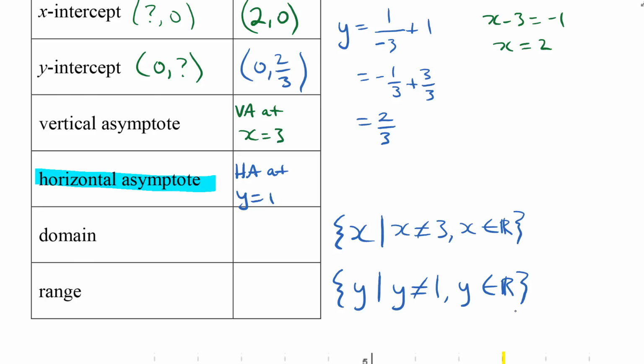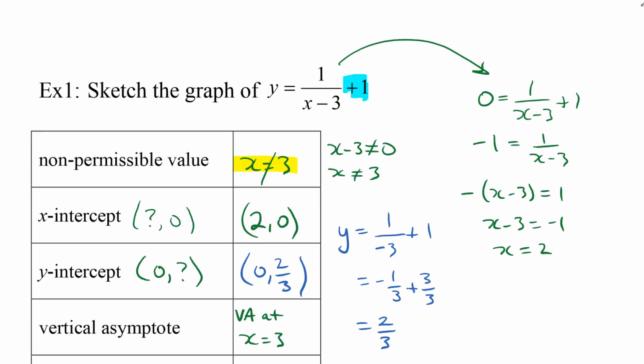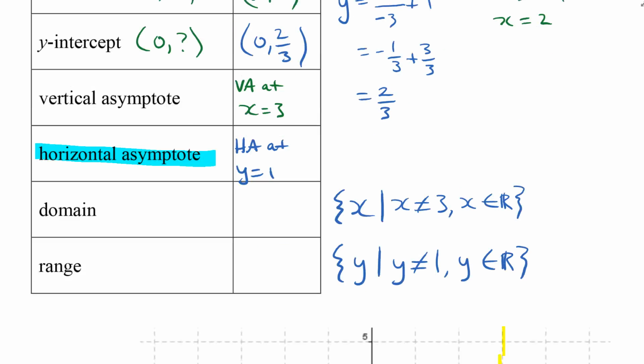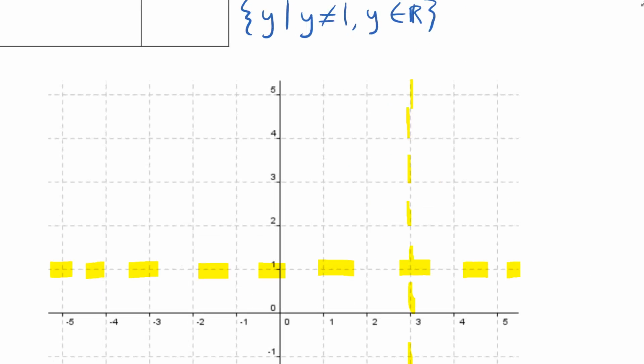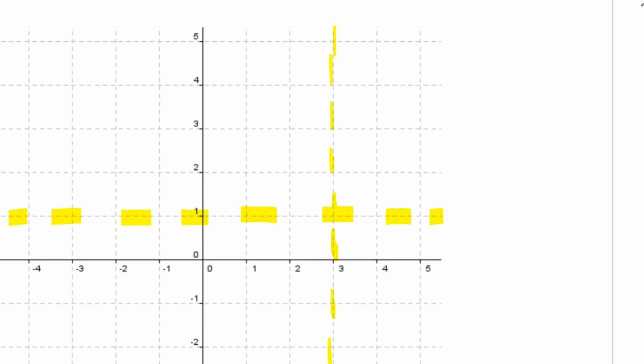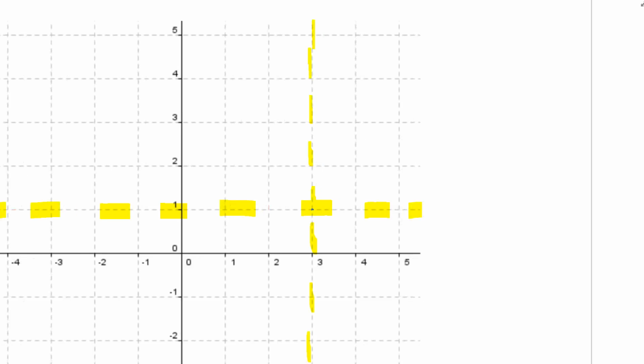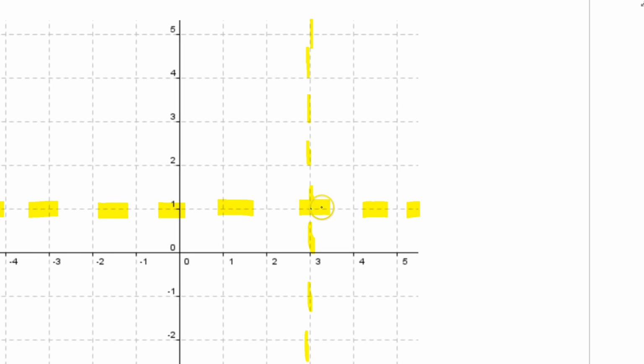Alright, so we're almost ready to do our graphing. You remember that this value is 1, so a quick way to think about our graphing is to think of this as your origin, and we want to go to the right and up some numbers that multiply out to 1. So if I go right 1, up 1, that's going to be a good spot. I could go right 2, up a half, because I'm thinking about what are some numbers that multiply to equal 1.